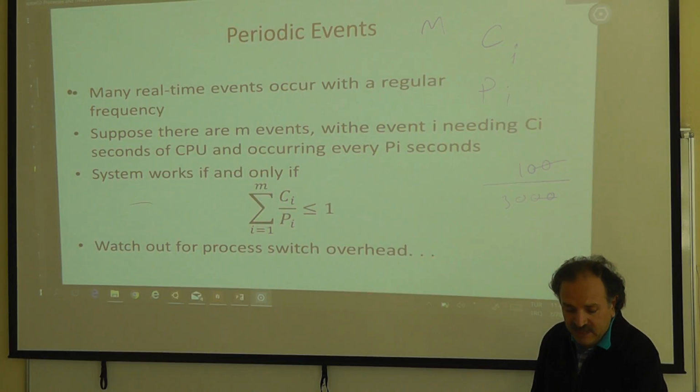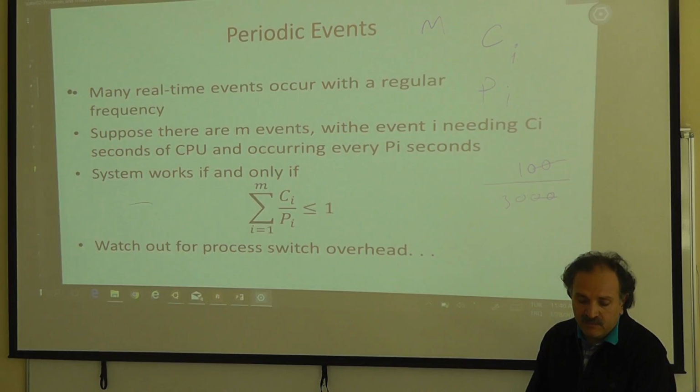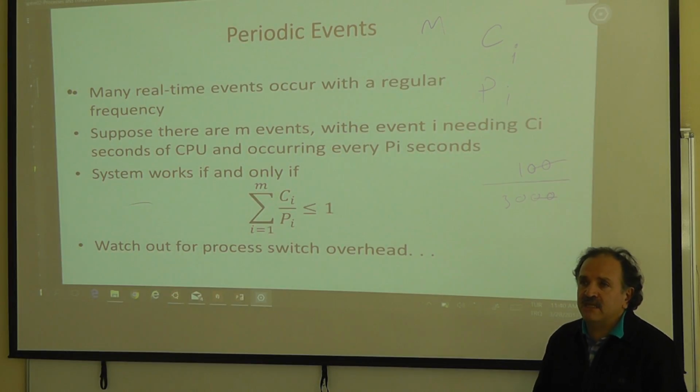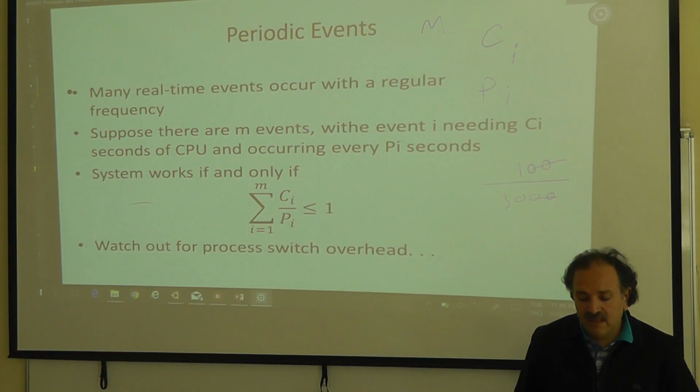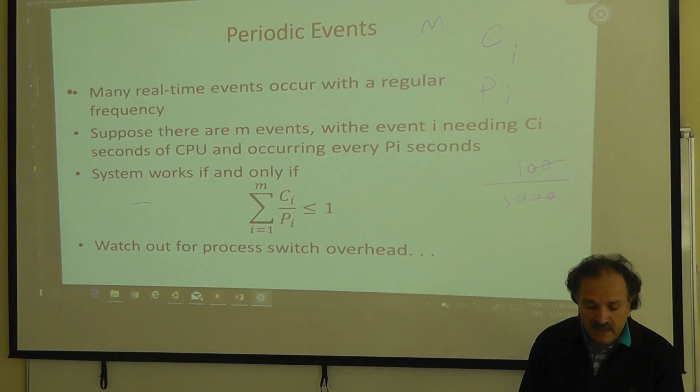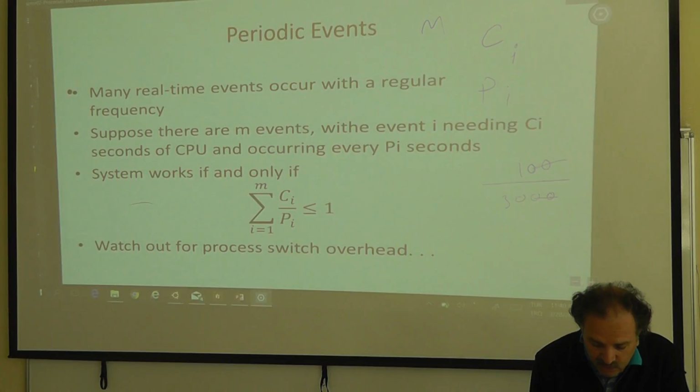We didn't have a calculation like this for our interactive systems, because in the interactive systems, I didn't have any constraint on meeting the deadlines. Any questions on those? And remember, there is always a switch overhead.